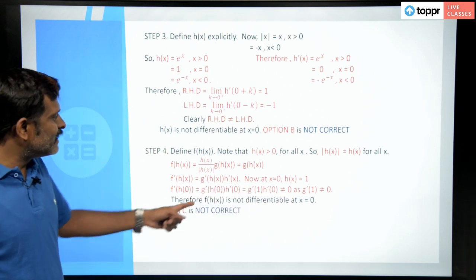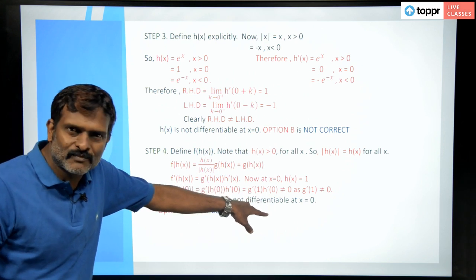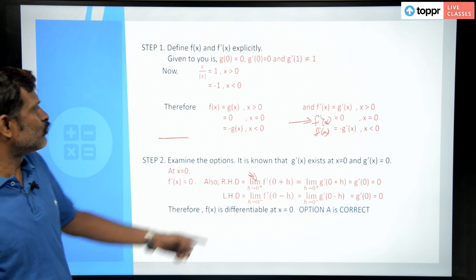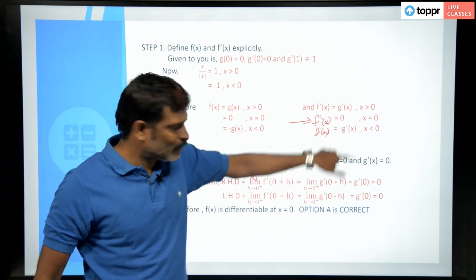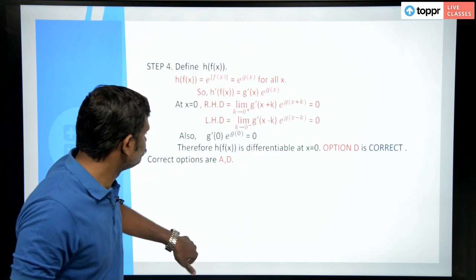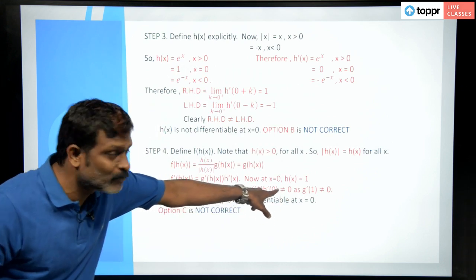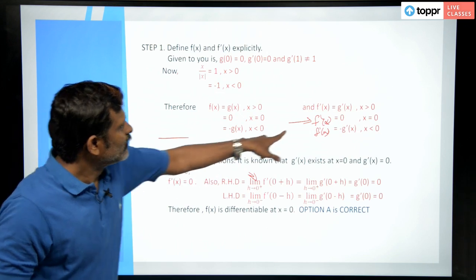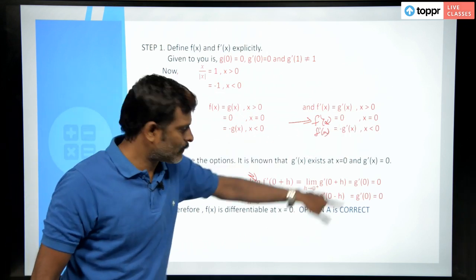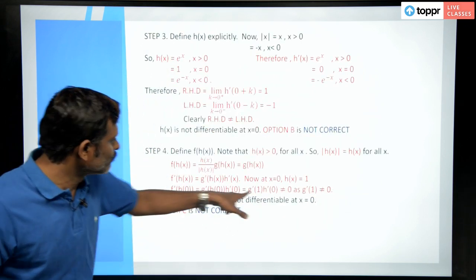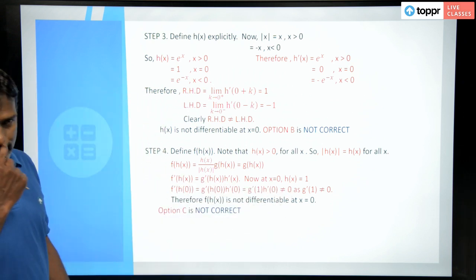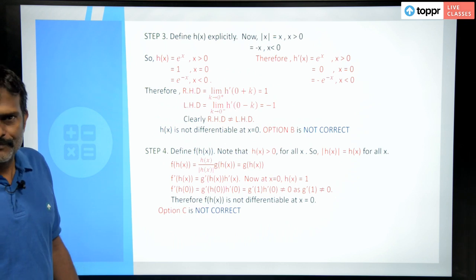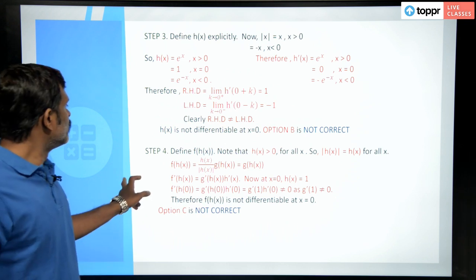That means it is not differentiable at this point, because the left derivative and right derivative should be equal to the derivative at 0, but that is not happening here. It is disproving what we proved here, like f dash of 0 is 0, but we are getting a non-zero value. So, this is not differentiable at x is equal to 0, right.